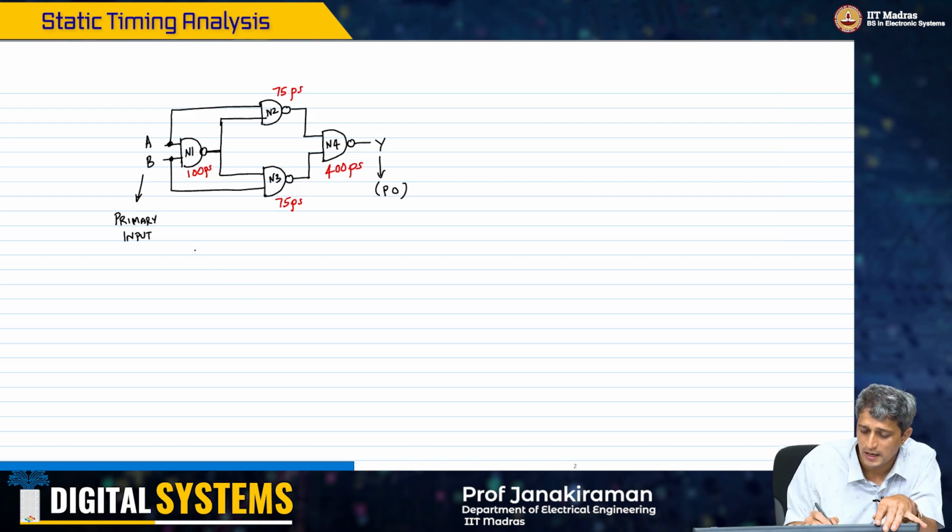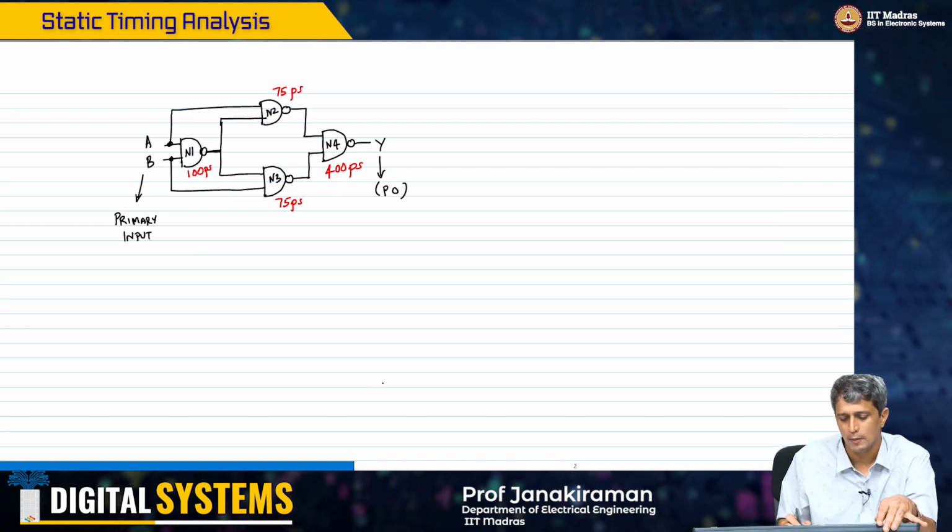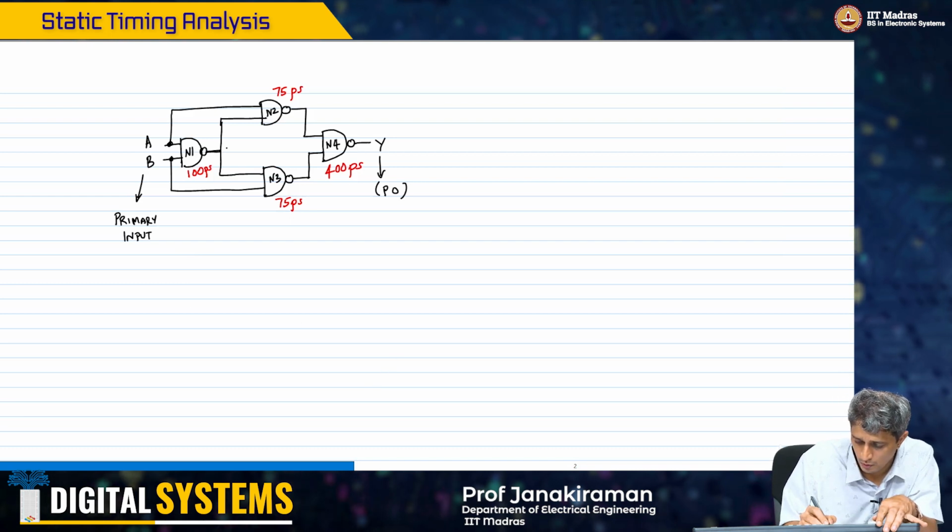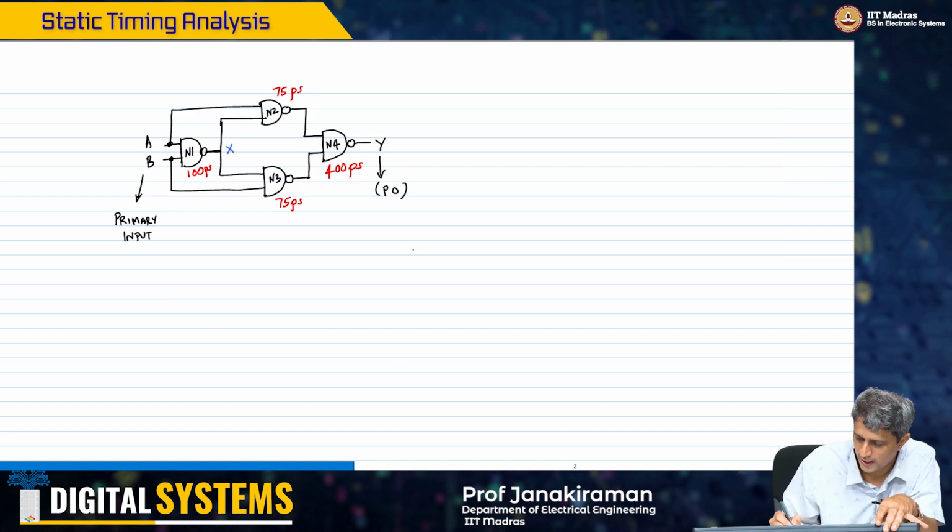Let me tie the input B to 1, and then plot the output. Let me label these nodes: X, this is U, and this is V.